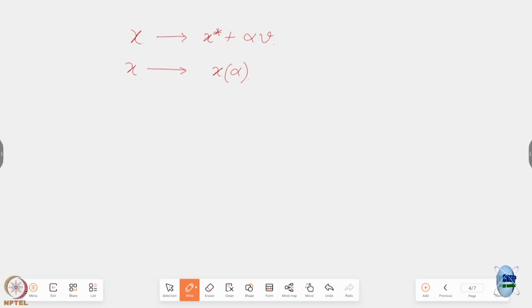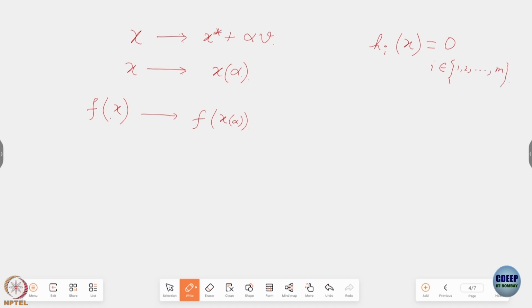Okay. Now let's go to our usual tricks. That is, if you have f of x, that's essentially f of x of alpha. What is the job of this alpha? The job of this alpha is to keep meeting those constraints, h_i of x equal to 0 for i belonging to the set 1, 2, ... till m.